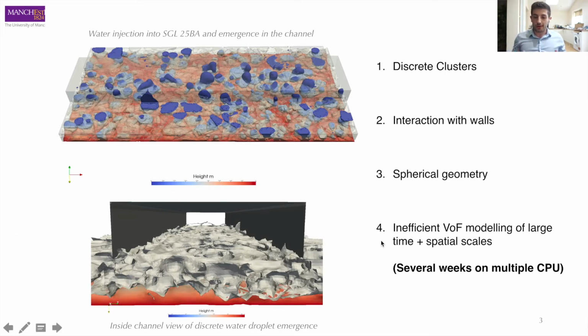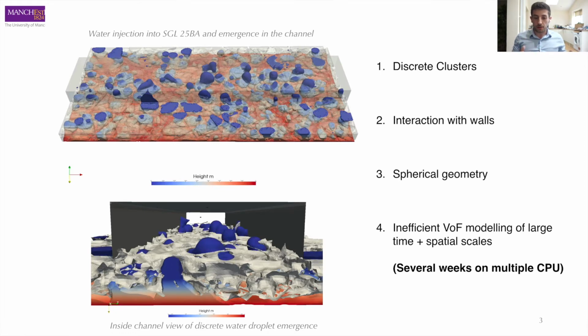And what we also notice is that these droplets and droplet shapes inside the channel follow a kind of spherical geometry, which is interesting because it means that we can simplify the modelling of this process.